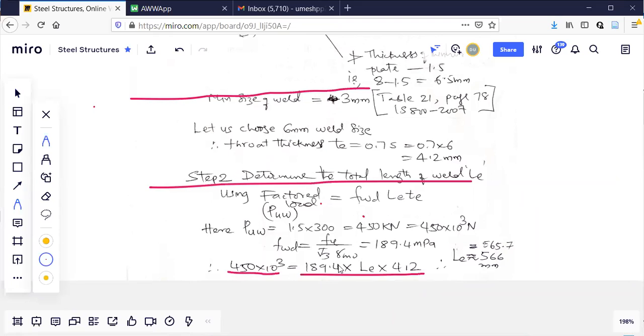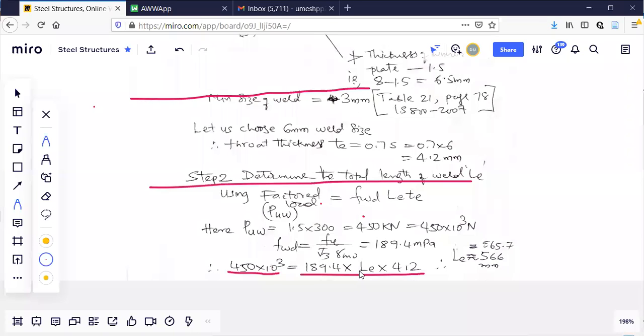In the problem he has given shop welded, that is why I have taken 1.25. So 1.25 is a constant, and directly I can get 189.4. So 410 divided by root 3 into 1.25 is 189.4.